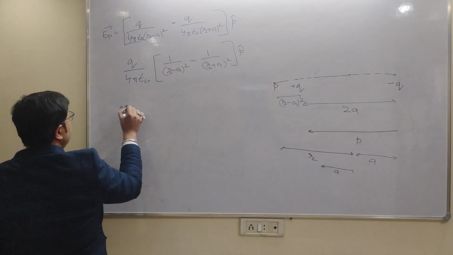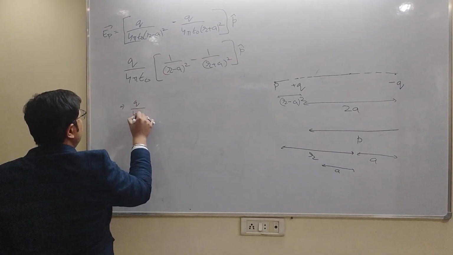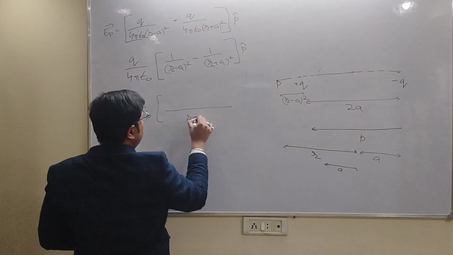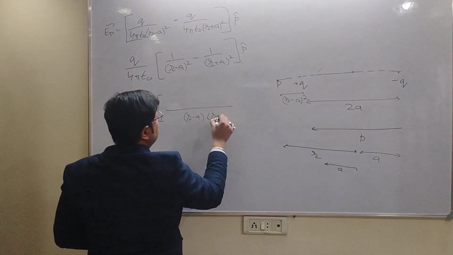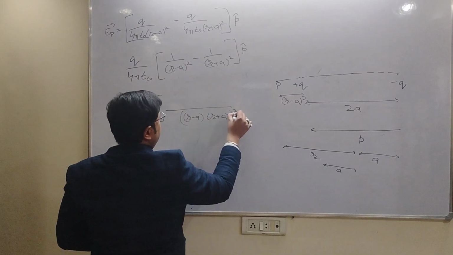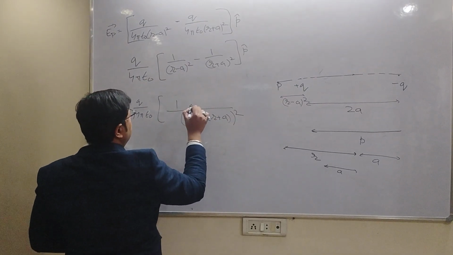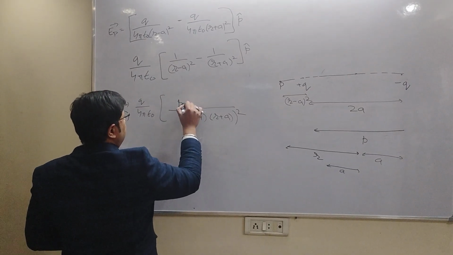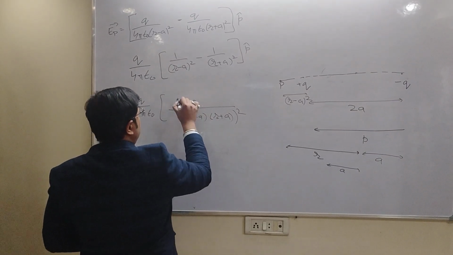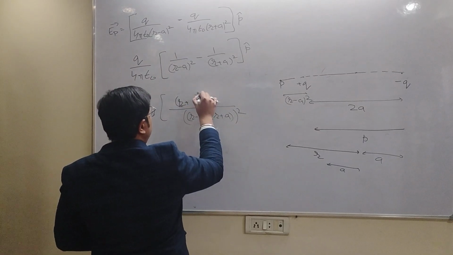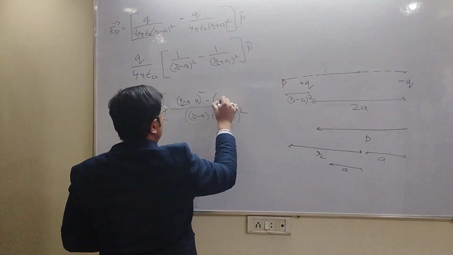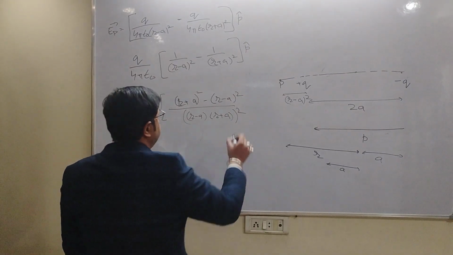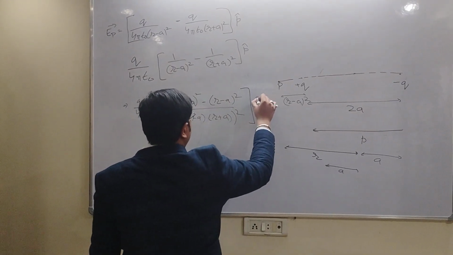So it turns out to be q by 4 pi epsilon, (r plus a) whole square minus (r minus a) whole square over (r minus a) into (r plus a) whole square, p vector.